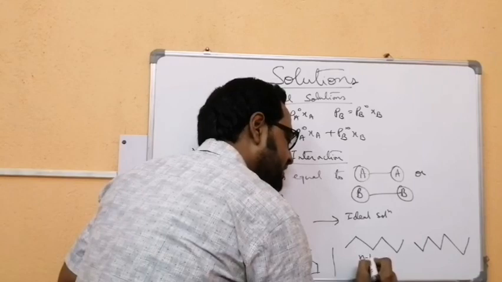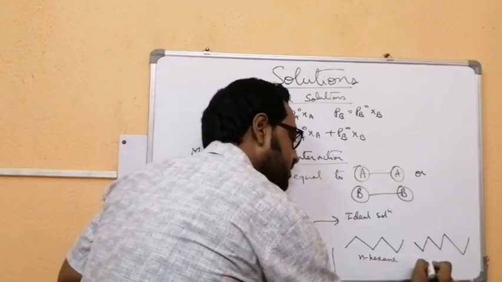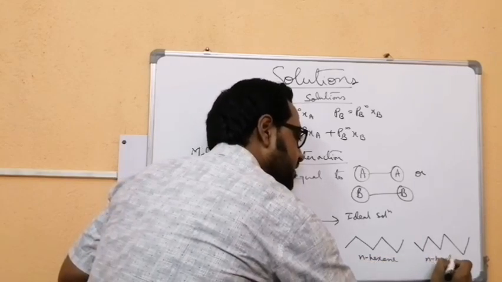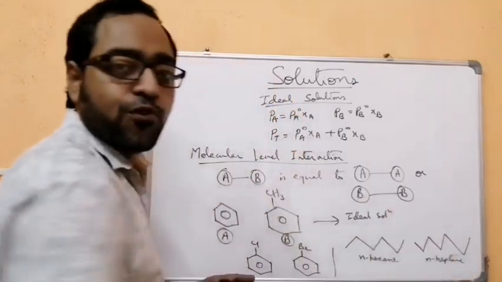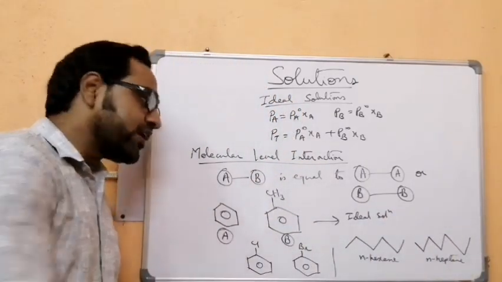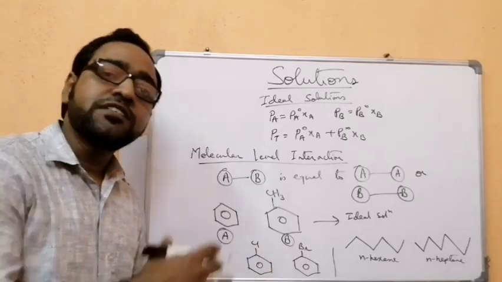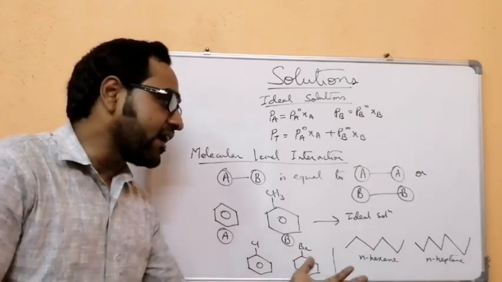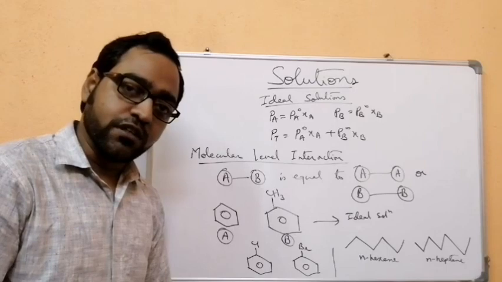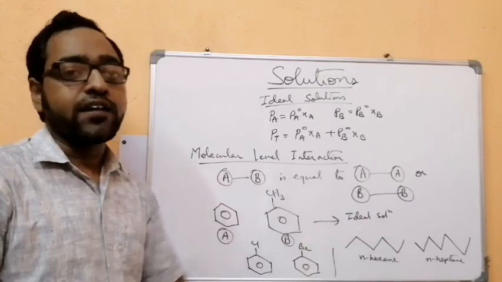So this is n-hexane, this is n-heptane. So both will form ideal solution. So whenever the molecular shape and size are similar, they will have similar type of attraction and hence they can form ideal solution. Next we will move on to the non-ideal solution.